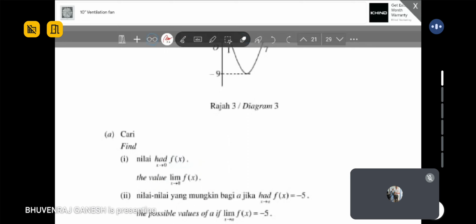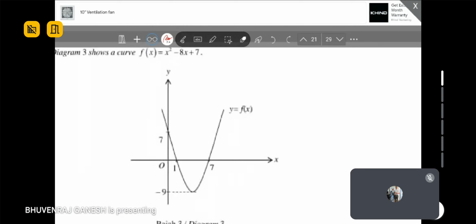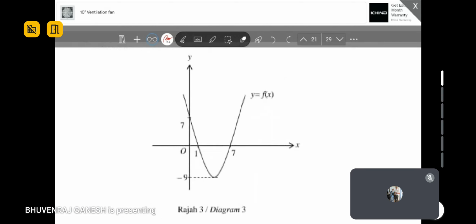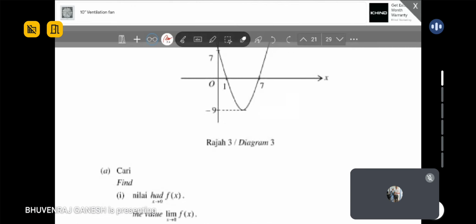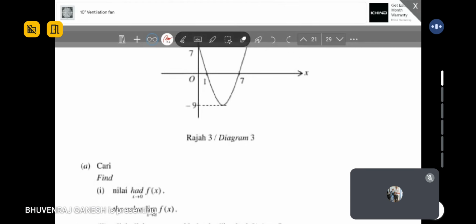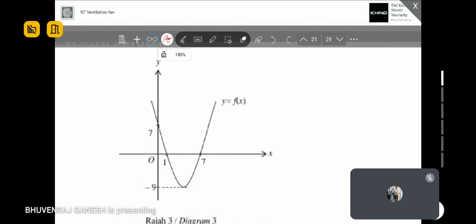Kamu kena cari had x kepada kosong bagi f(x). So anyone? What do you think is the answer? Limit x go to 0 for f(x). Senang. Very simple. So what is the answer?